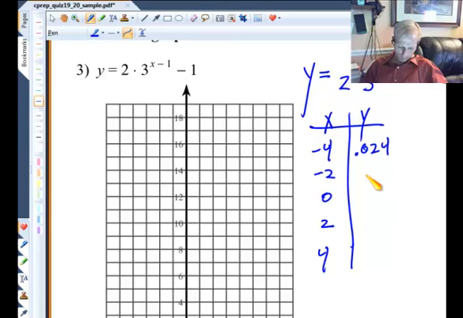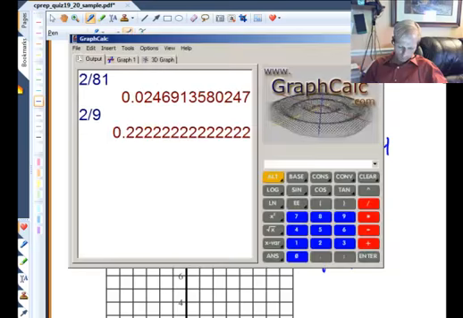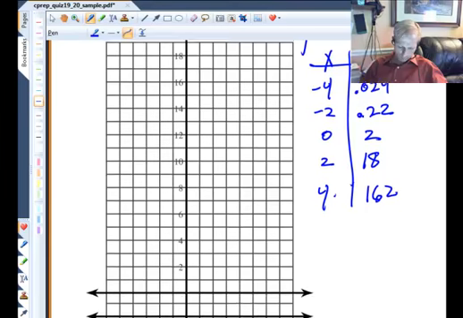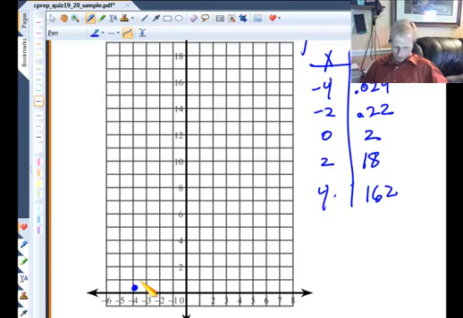So the shift, if I move this one over to the left, I get y plus 1 equals 2 times 3 to the x minus 1. So the left-right shift is minus 1, which means 1 to the right. And the up-down shift is plus 1, which is 1 down. So I have 1 to the right and 1 down.